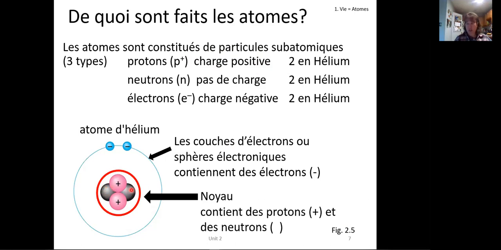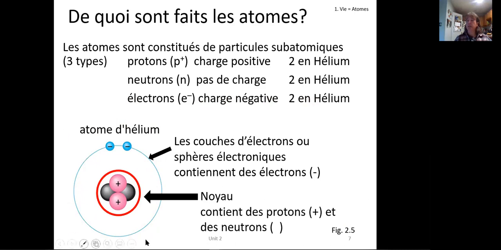Neutrons are neutral. They are also in the nucleus. Surrounding the nucleus is what we call electronic sphere, the sphere in which the electrons orbit the nucleus. Electrons have a negative charge.